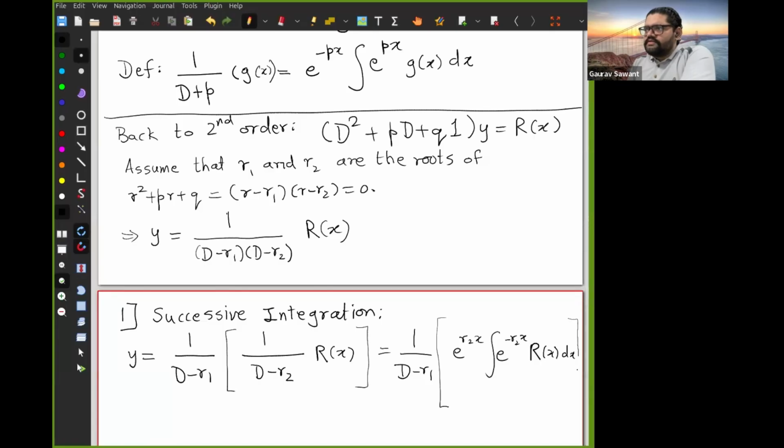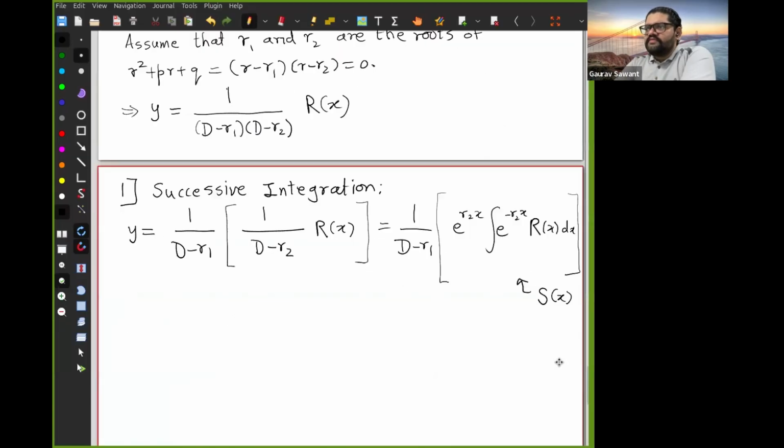This will essentially give you a new function, which I would call S(x), the entire bracketed expression.